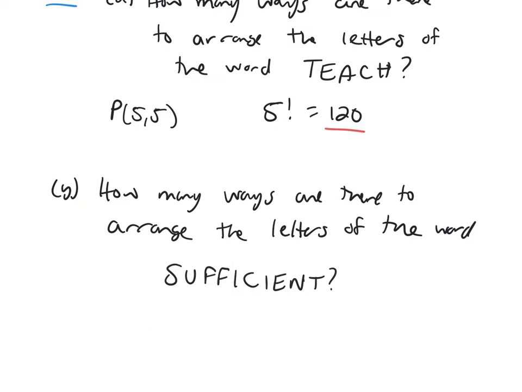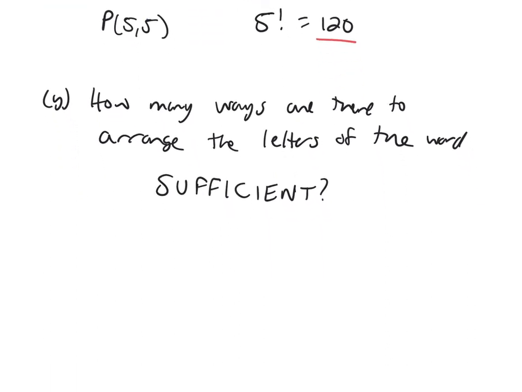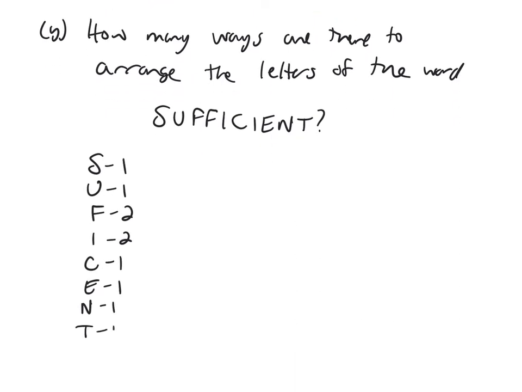So here we have repeated letters, which means we need to look at how many are repeated. So S occurs once, U occurs once, F occurs twice, I occurs twice, C once, E once, N once, and T once. So there's 10 letters. So when we have a repeated letter, it's n factorial divided by your repetition factorials.